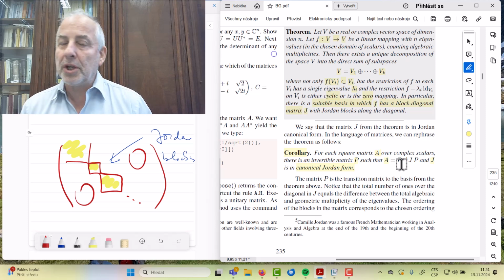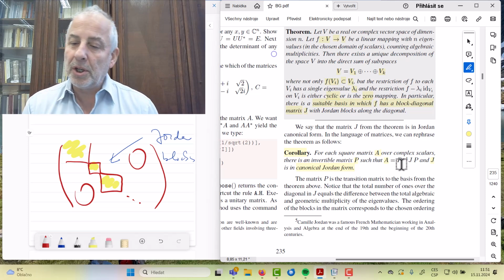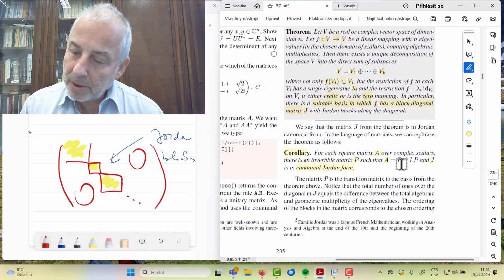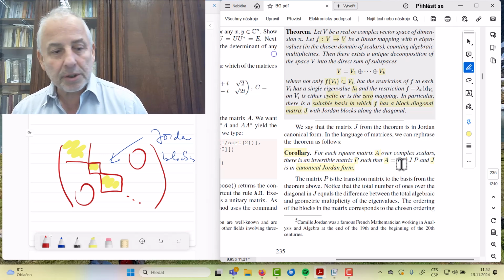The basis in which the canonical form is obtained is not unique. The shape of the matrix is unique up to the order of the blocks. So that's the complete result.